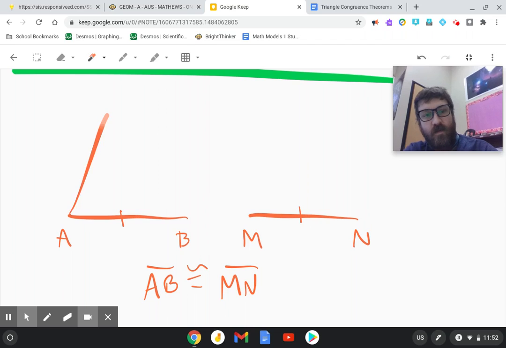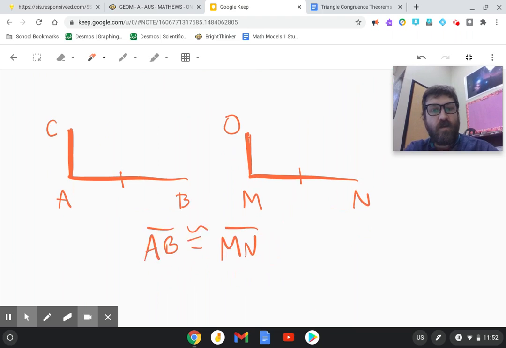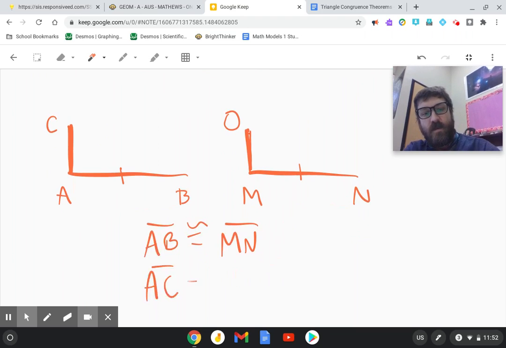And we also know that there's another side of this triangle. I'll just make it really short. Let's say it's like this. This is AC, and let me draw this C as an O as well. So MNO, ABC. So we also know that AC is congruent to MO.